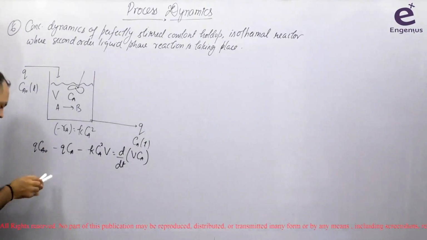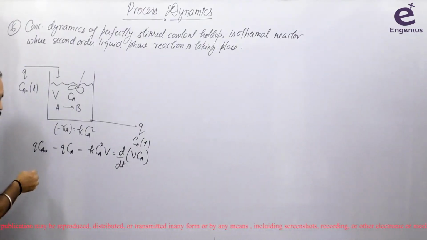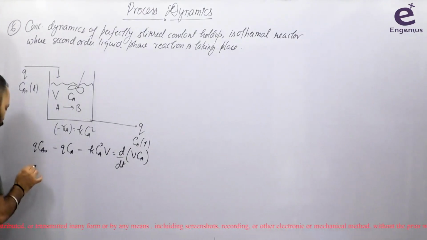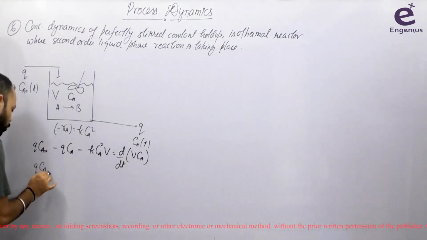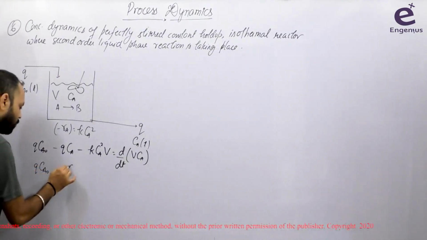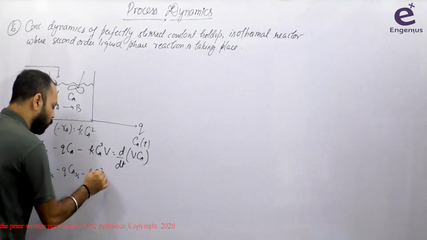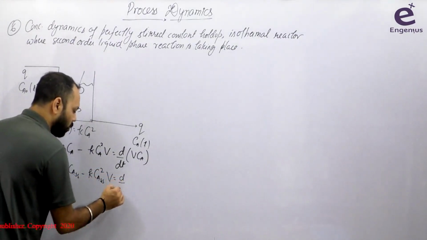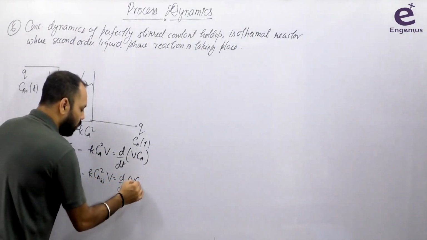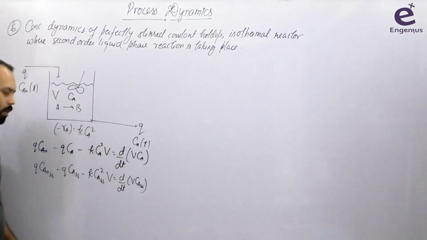Exactly like before, I don't think there is anything to explain again. Now I will write the equation at steady state. So Q Ca naught SS minus Q Ca SS minus k Ca SS square V is equal to d by dt of V Ca SS. Clear? Subtract.